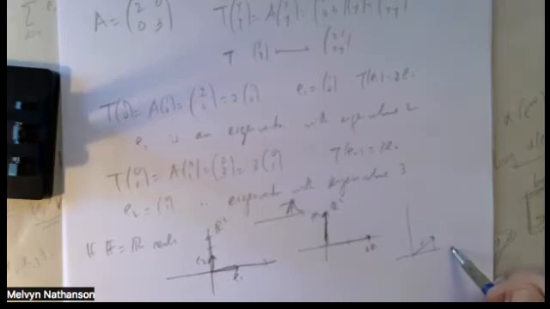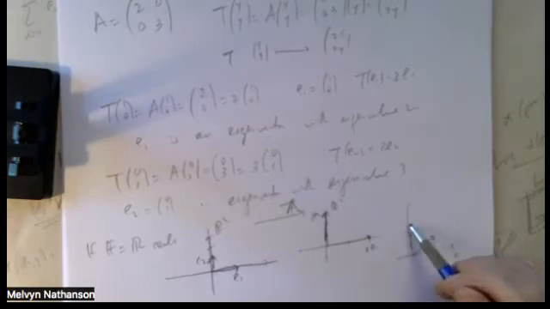So if you want to understand this linear operator acting on the ordinary XY plane, it takes E1 and multiplies it by 2. It takes E2 and multiplies it by 3. So if you have any vector, this is V, the X coordinate is multiplied by 2.